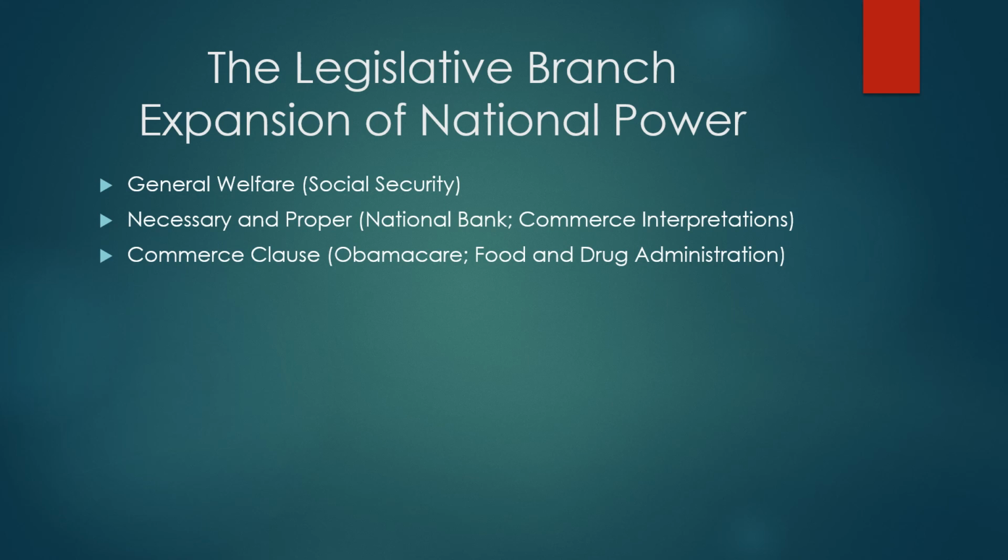This broadening of the Commerce Clause to say instead of just international commerce and interstate commerce, now the stream of commerce doctrine that we approved in Swift, that the judicial branch upheld in Swift and Company, says that anything that ends up in another state is in the stream of commerce doctrine, and the government then can regulate that.